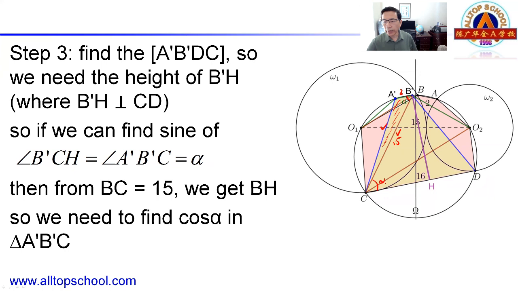This is alpha. If I can find cosine alpha on this larger right triangle, I know this is 15, and certainly I can find B prime H, the height of the trapezoid. Once you get the height, we're done for the trapezoid area. So step 3 is just to find cosine alpha in this smaller triangle.